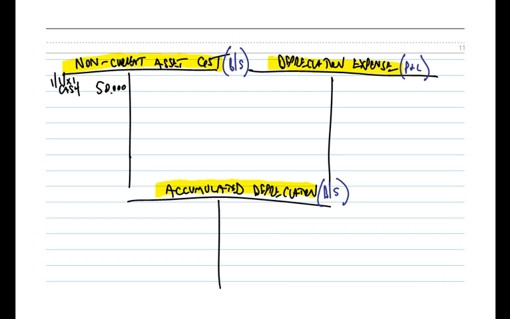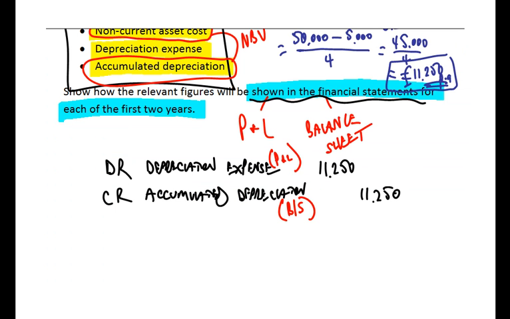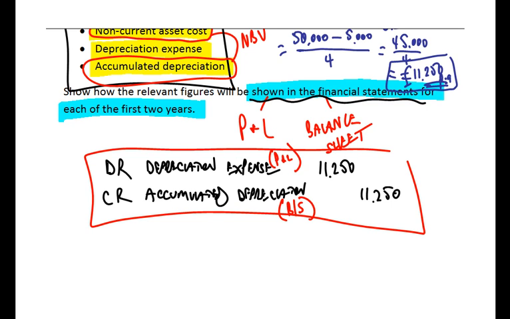So if at the beginning of the first year we capitalise the asset, at the end of the first year we would post a journal to reflect the first year's depreciation. We've already assessed what the double entry would be. We're going to debit the depreciation expense and credit the accumulated depreciation, for the 11,250, basically spreading the 45,000 loss over 4 years.